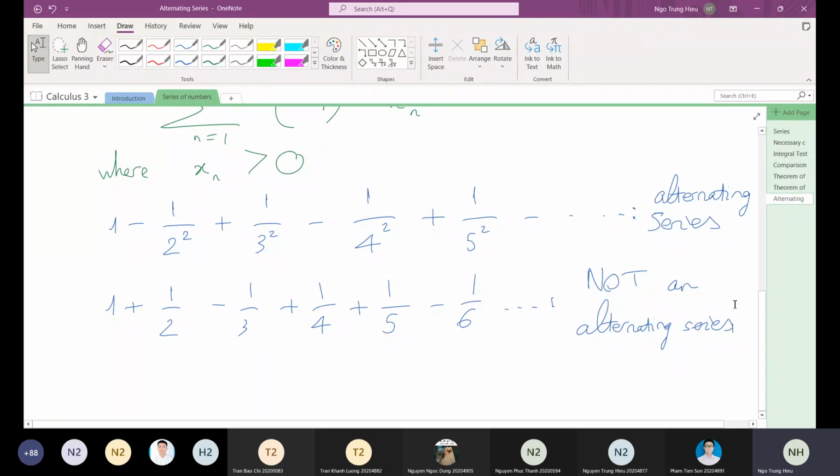So alternating series, what do we call it? In Vietnamese we call it chuỗi đan dấu.